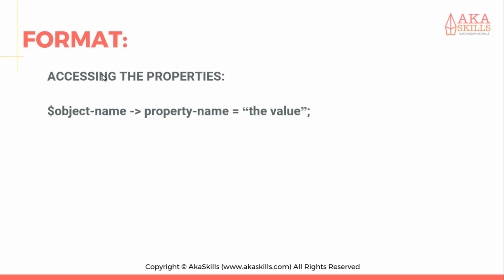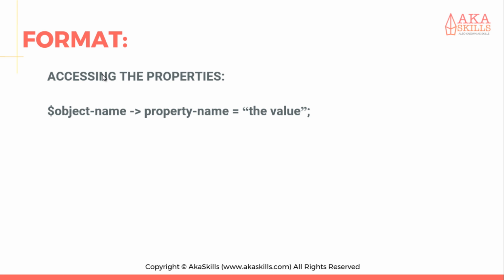For accessing the properties, you simply call the object name. This will follow by the hyphen and then the greater than. So you are pretty much saying this object name, I am pointing it to aha. So I like to think of the hyphen and the greater than as pointing to what. Now you then call or specify or type the property name you have specified within the class.